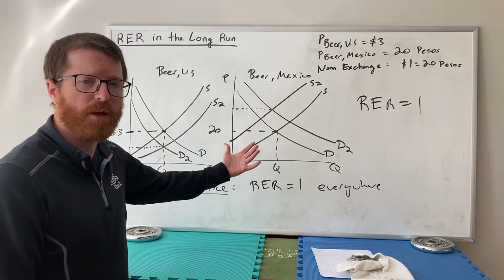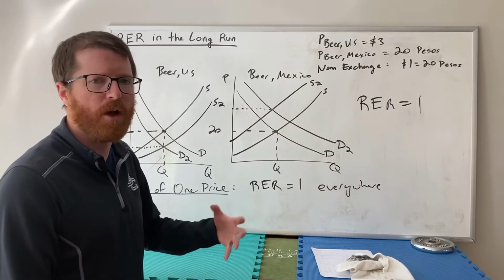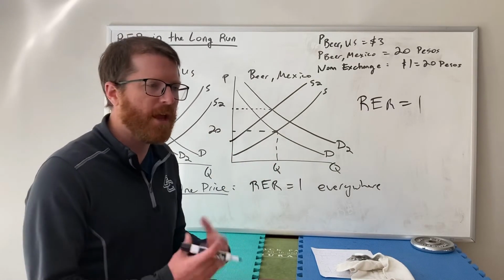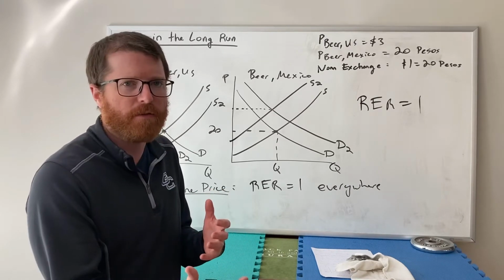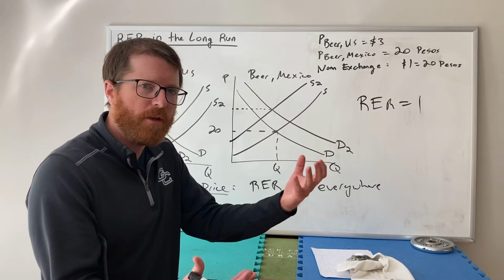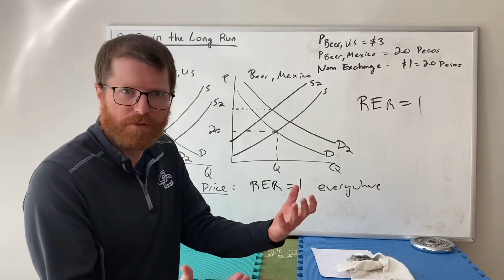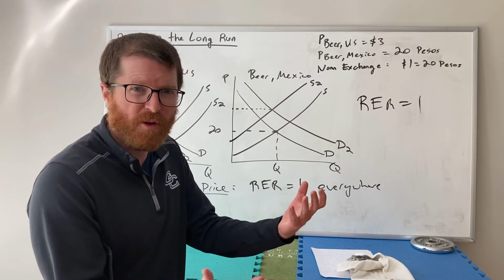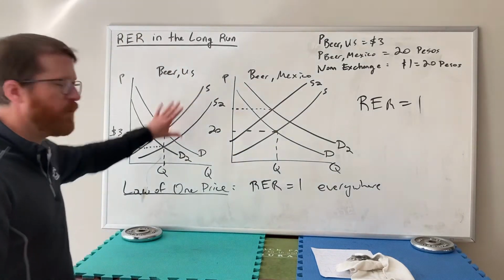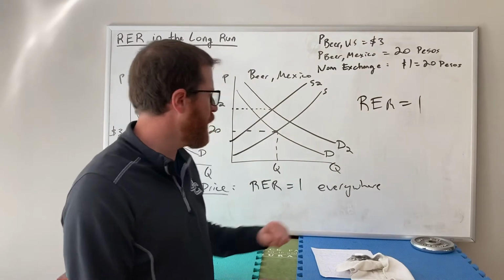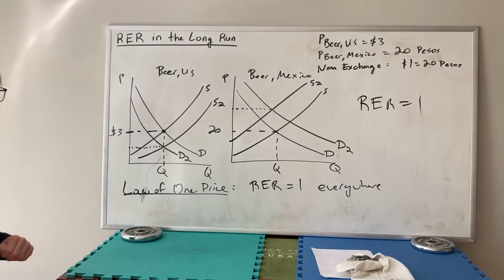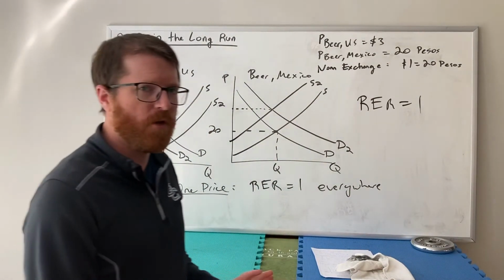That's called arbitraging. If you've ever heard that term before, arbitrage effectively just means that you're taking advantage of prices being unequal in two places. You buy in the cheap place, you sell in the expensive place, and you reap infinite profits if you can keep doing that, right? So as people do that, it's going to do exactly what we showed here on these graphs. It's going to fix those prices until the real exchange rate is 1 everywhere. That's the law of one price.